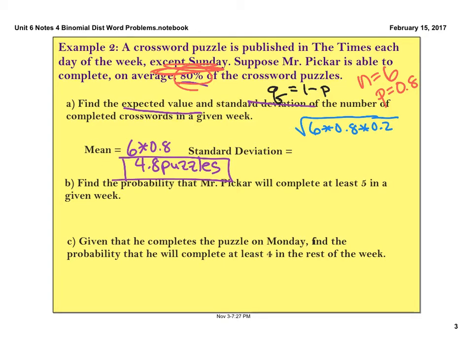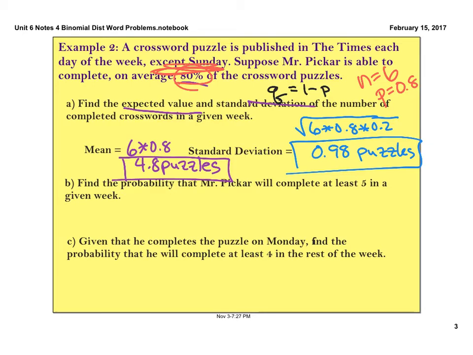I take the square root of that, and I get 0.98 roughly. My standard deviation there is going to be 0.98 puzzles. So he completes about 5 puzzles, give or take 1 puzzle. That's kind of what that piece is saying.